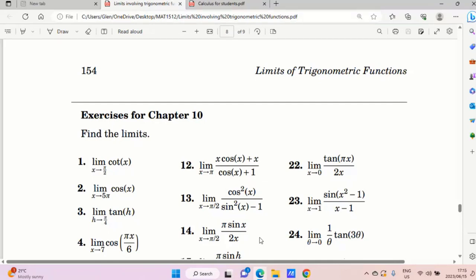Lerato, what did you get? 1. Tando, what did you get? 1, sir. Vusiso? I got 1, sir. Ndomeso, what did you get? I got 1, sir.